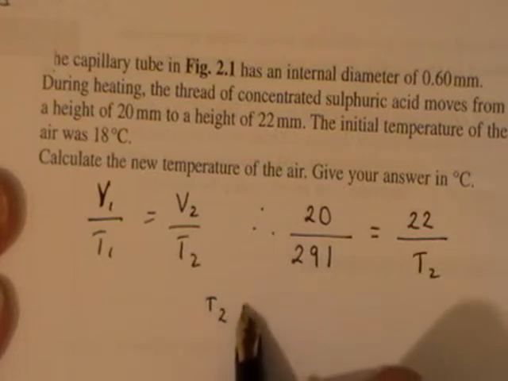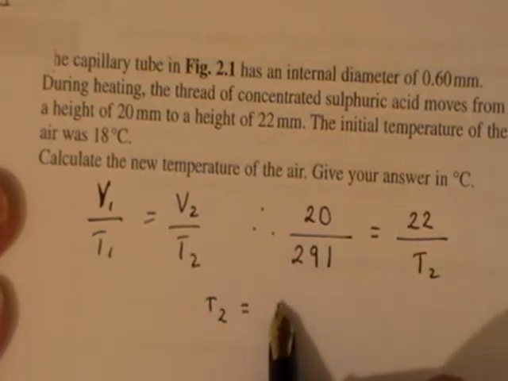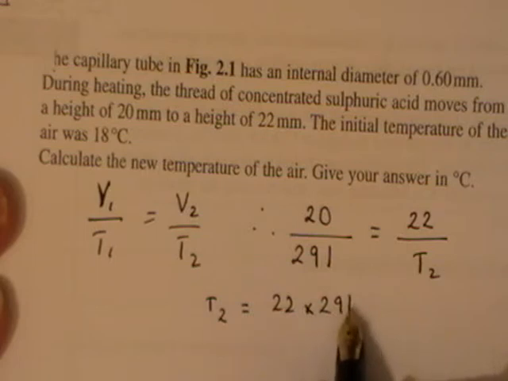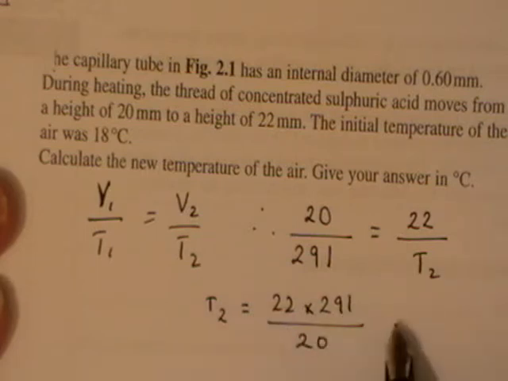If we rearrange that, T2 is equal to 22 times 291 over 20.